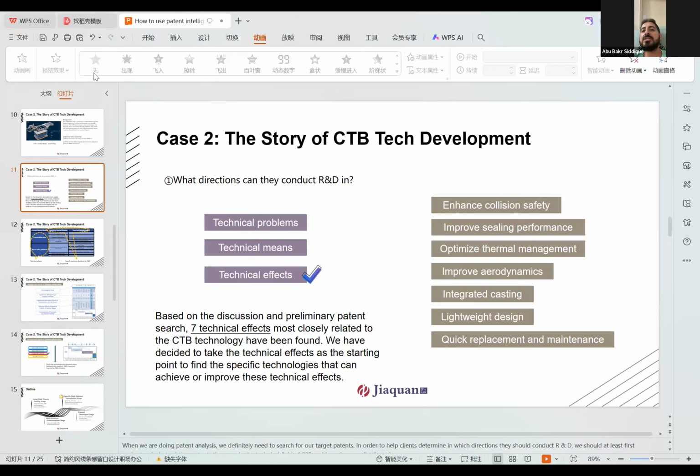So maybe that's what Behram is trying to refer to.